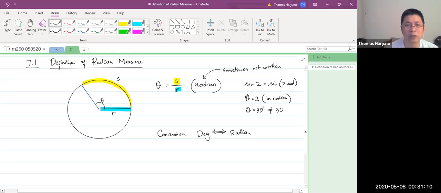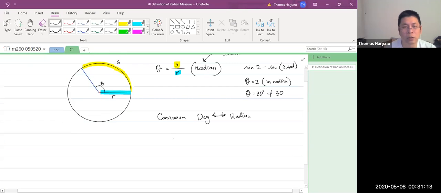Now we will do as the following. One full circle has a central angle 2 pi, because the circumference, the arc length, is 2 pi r.